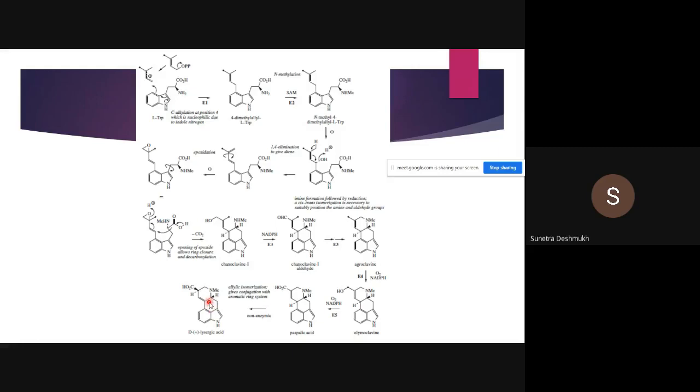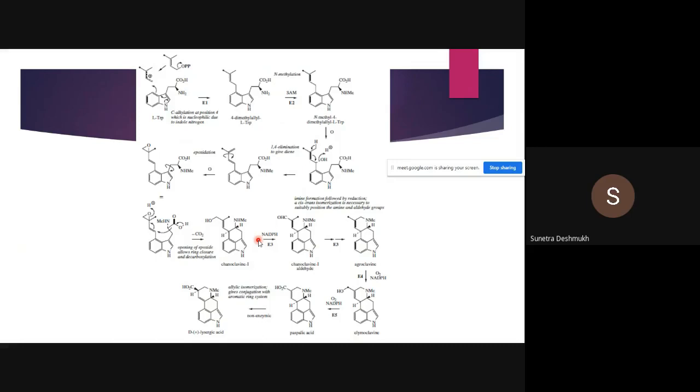Okay, so many different intermediates are synthesized here, like clamoclavin. A lot of this biosynthetic pathway, and as usual we sometimes use NADPH as a reducing agent.